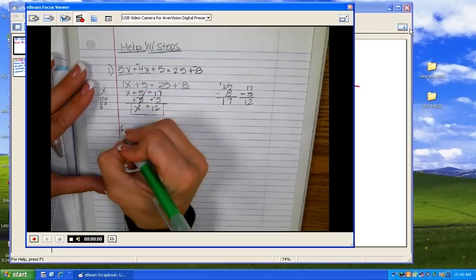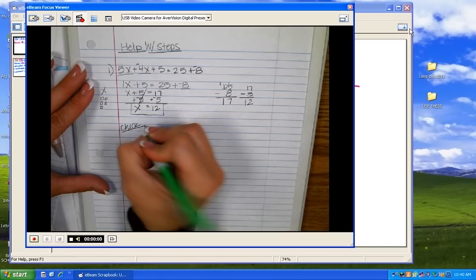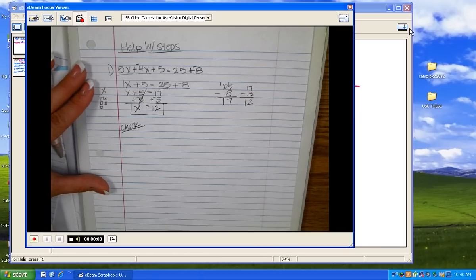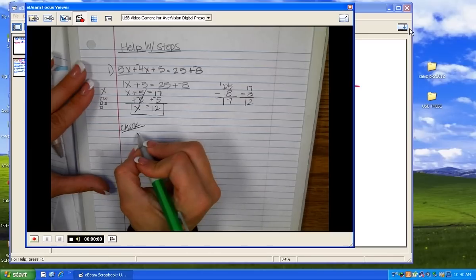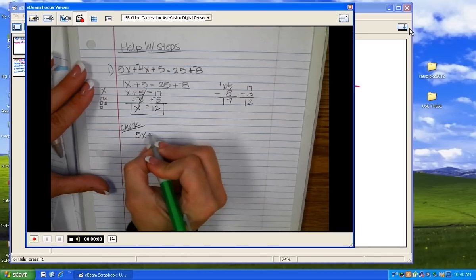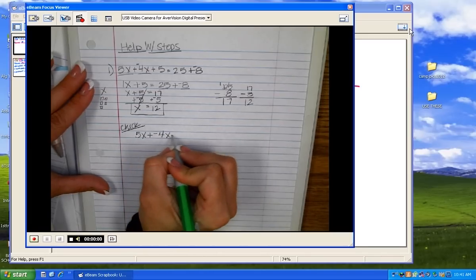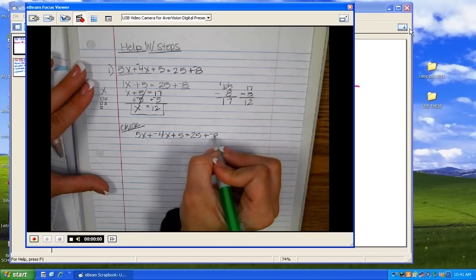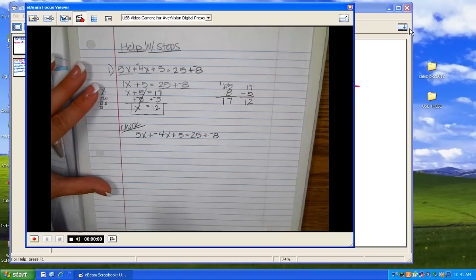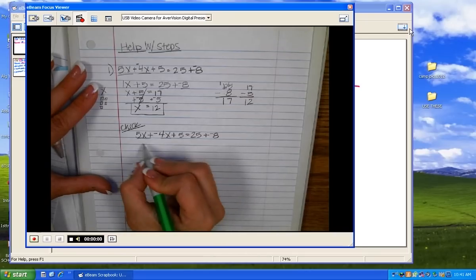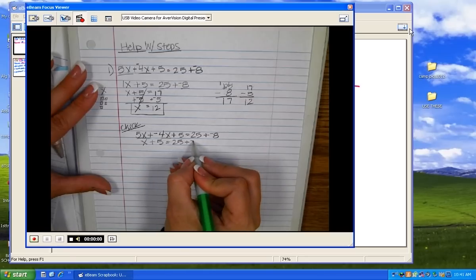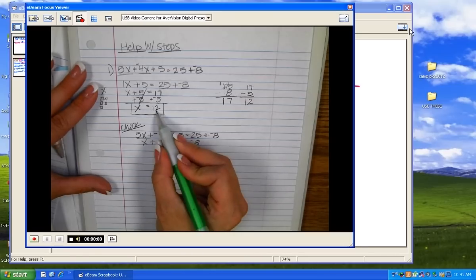And of course, I have to check my work. So I've used my space over off to the right, so I'm going to do my check below. I'm going to start with my original problem, because I always start with my original problem when I'm dealing with a check. I'm going to recombine those like terms again and say that I have x plus 5 equals 25 plus a negative 8. And now I'm going to plug in my 12.